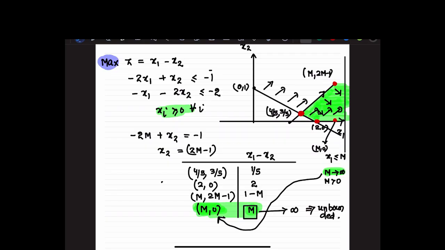So in this problem, we had an unbounded region and we had an unbounded objective value. Because the objective value at the optima is depending upon capital M and M is tending towards infinity.